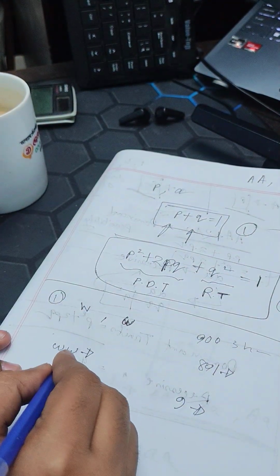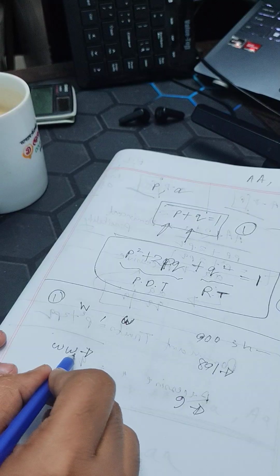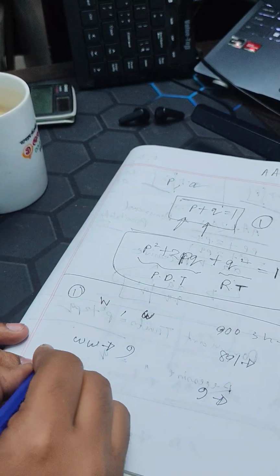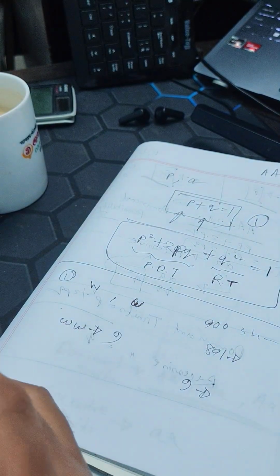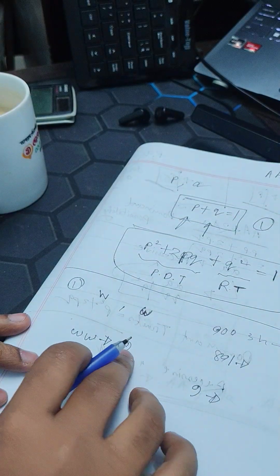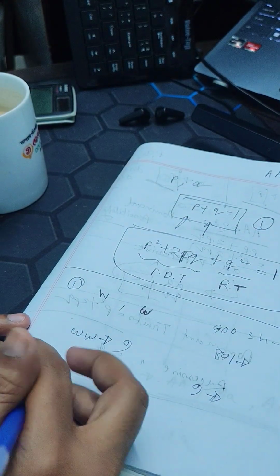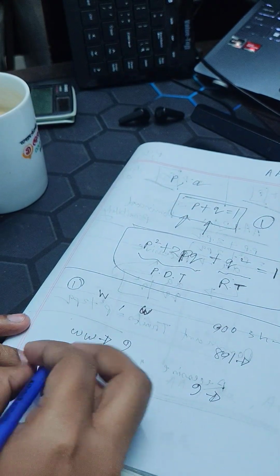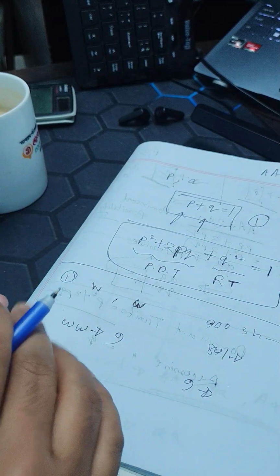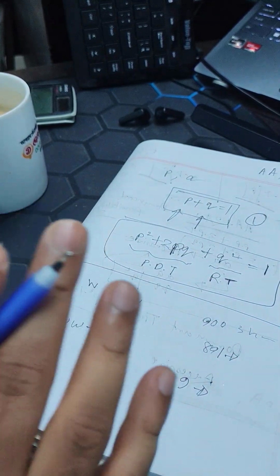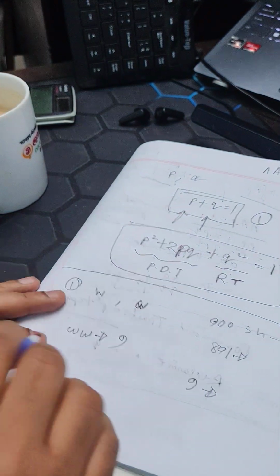So here ww, the recessive traits, are only 9, because only 9 were black, and the white or dominant traits are 891. Did you get my point?